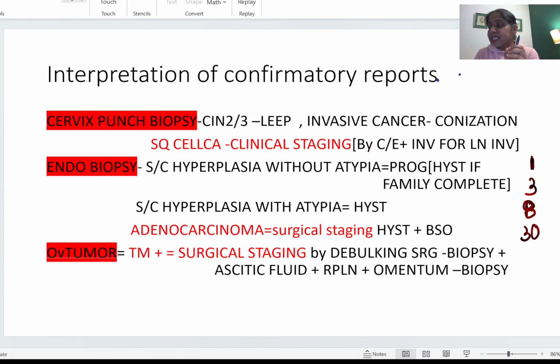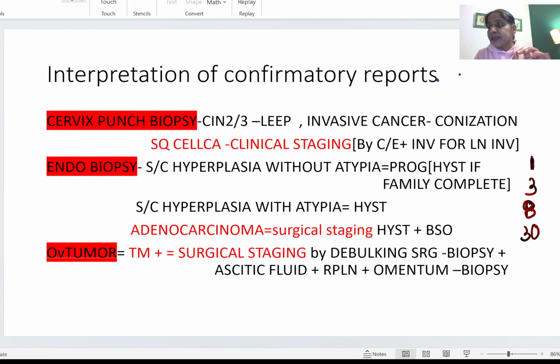So let us see how we will interpret those reports. In a CA cervix suspicious patient, we have sent the cervix punch biopsy report. In the suspicious patient, either a pre-malignant lesion can come or cancer can come, right? If CIN1 has come, then no worries.